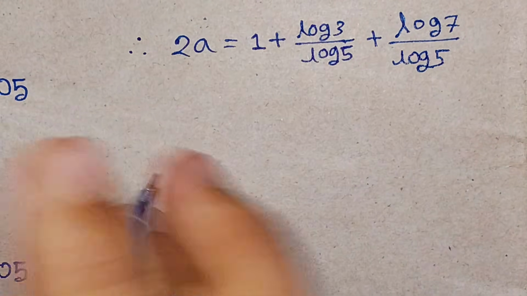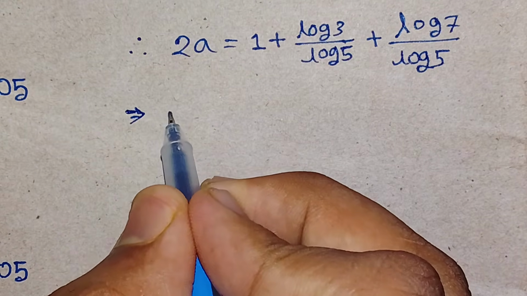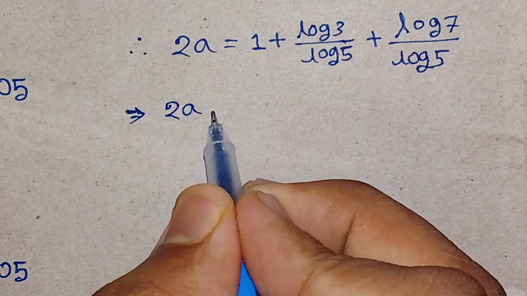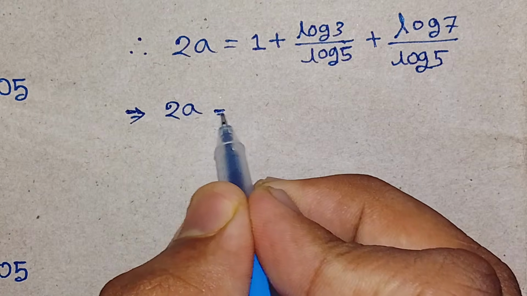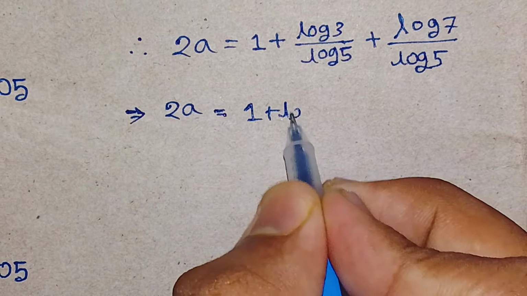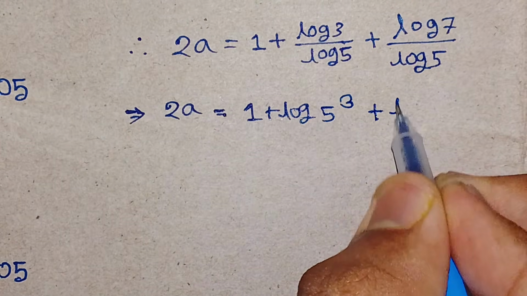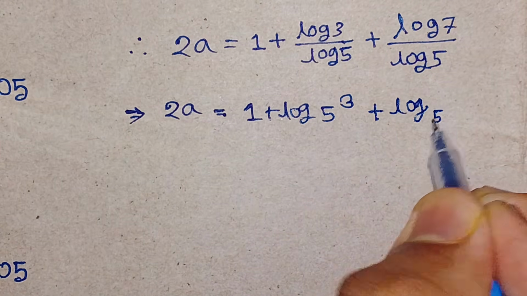So everyone, this is the simplification rule. Now we can write this as 2a is equal to 1 plus log 3 base 5 plus log 7 base 5.